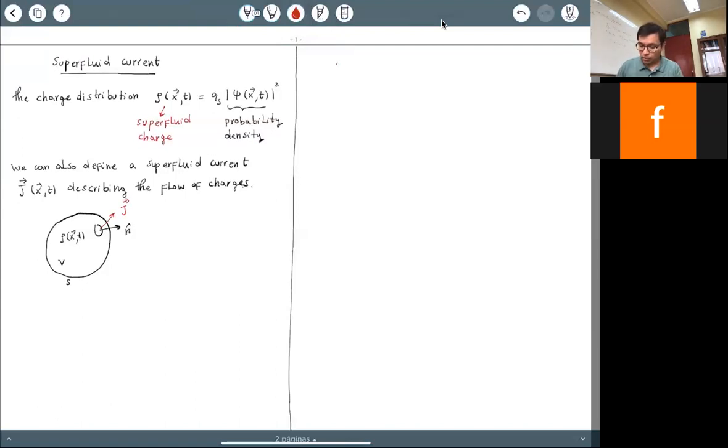So have a look. The total charge that we have within this volume is nothing but the integral over the volume of the density of charge.